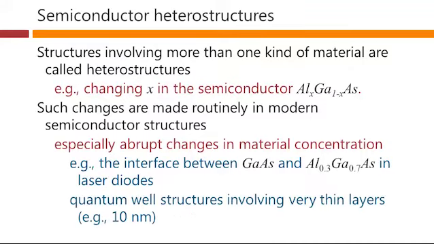And it also happens when we try to make quantum well structures that involve very thin layers, for example, 10 nanometers thick. Again, those are made with similar classes of materials, like indium gallium arsenide or gallium arsenide. In fact, modern laser diodes, for example those used in telecommunications, are all based on layers of the order of 10 nanometers thick of indium gallium arsenide between layers of other materials.